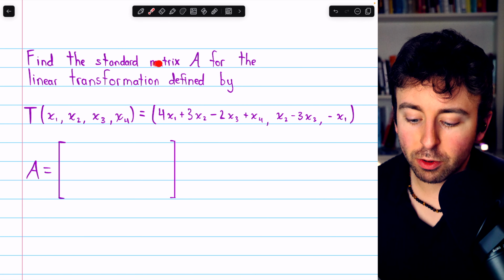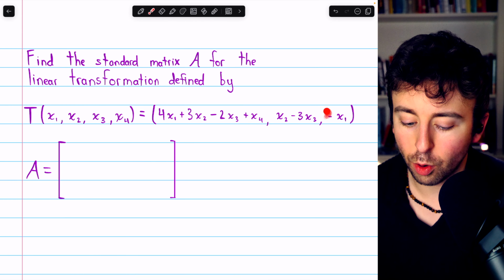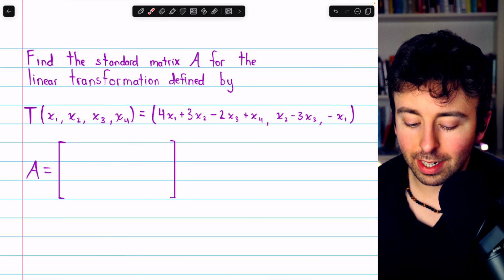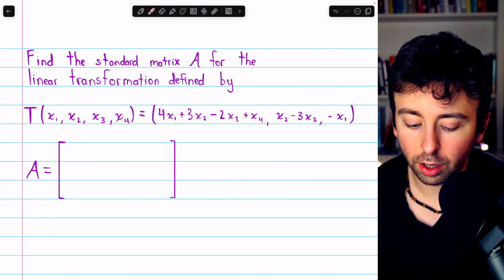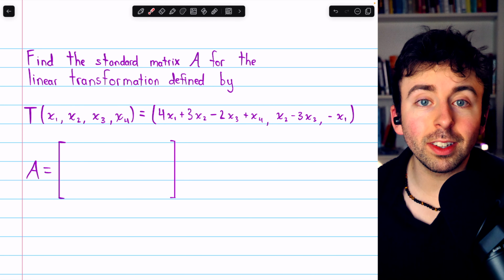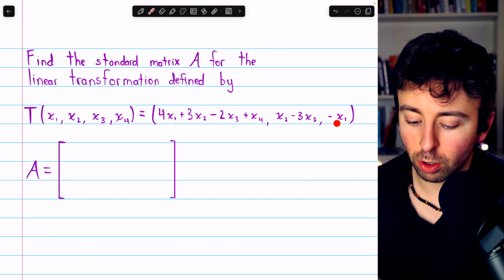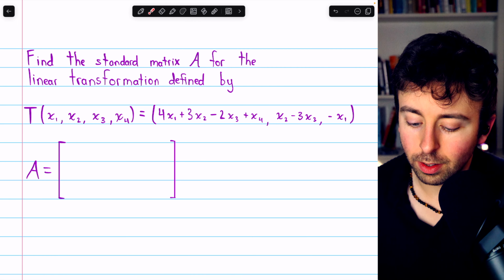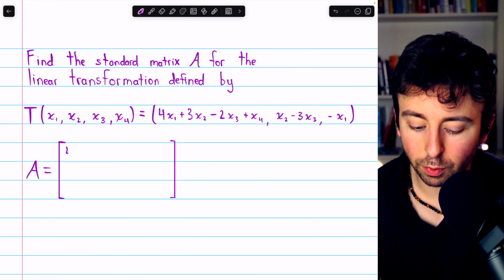Find the standard matrix A for the linear transformation defined by this equation. This transformation T takes vectors from R4 and sends them to R3. For the first column of the standard matrix, we just look at the coefficients of x1 in the transformation equation. 4, 0, and negative 1. So this first column is 4, 0, negative 1.